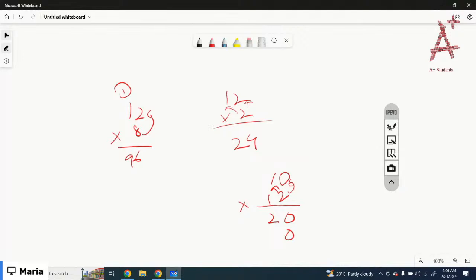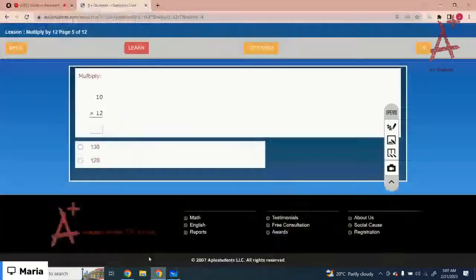So you have to write 0 below, and you have to start writing from the tens digit. 1 times 0 is 0, and 1 times 1 is 1. Just add them. 0 plus 0 is 0, 2 plus 0 is 2, and 1. That means 12 times 10 is 120. Got it? So the correct option is 120.